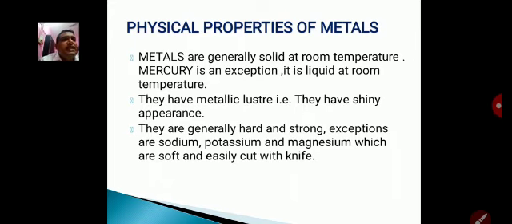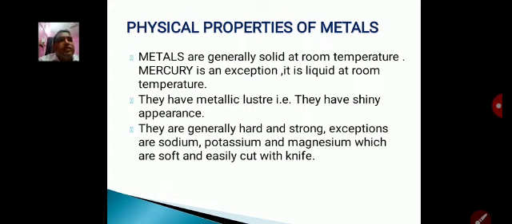Like malleability. Malleability is one of the properties of metals. The property which allows the metal to be hammered into thin sheets is called malleability. Malleability is an important property of metal. Most of the metals are malleable. Gold and silver are the best malleable metals, and can be hammered into very fine sheets or foils.